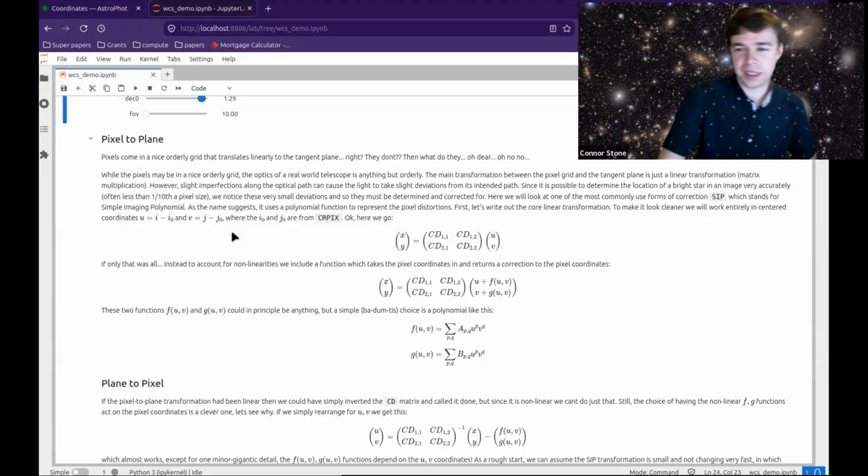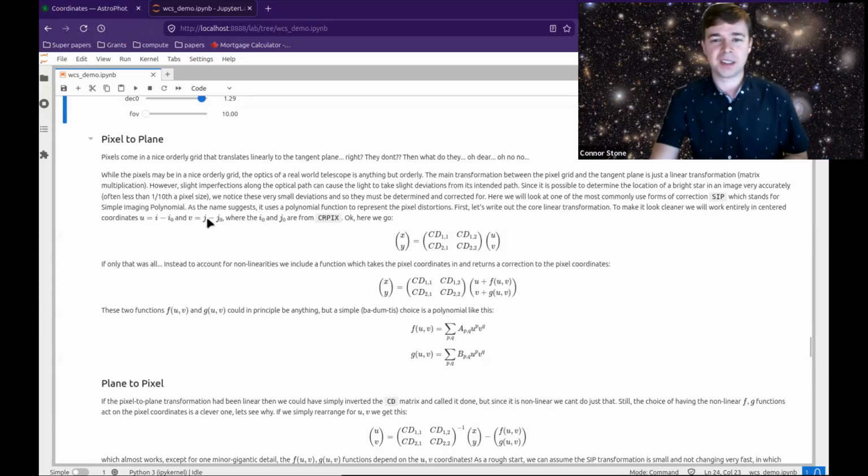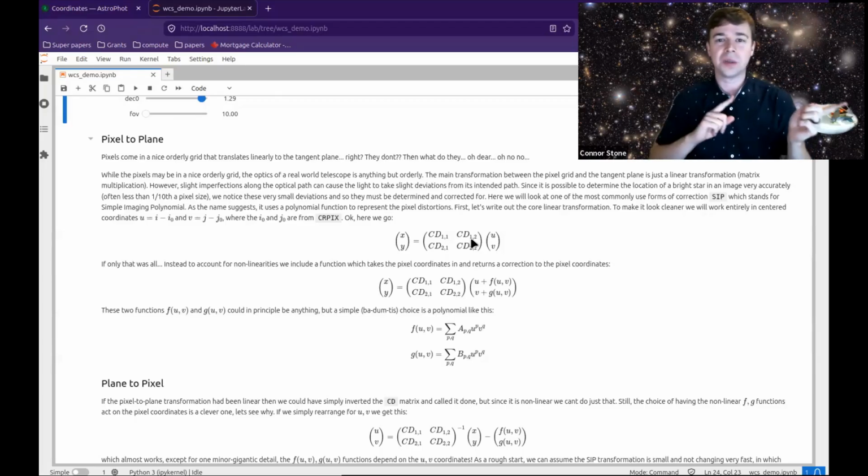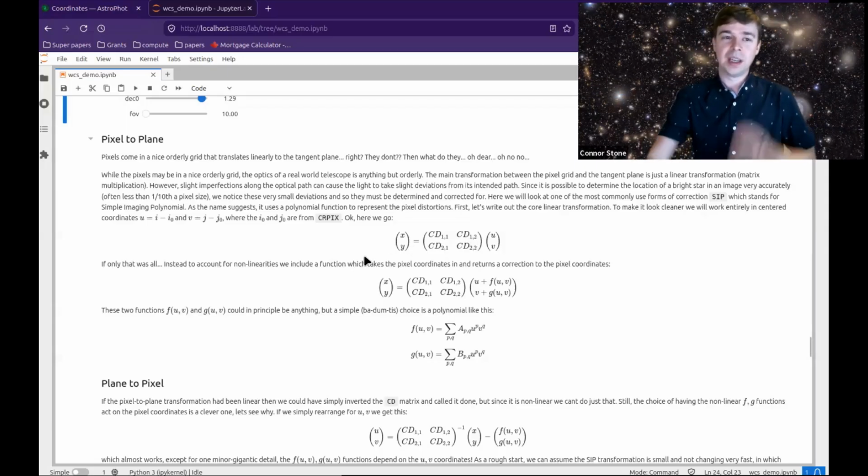You might as well just subtract that out because it's not very informative. So now we've got XY, our tangent plane coordinates, UV, our pixel coordinates, and a matrix that connects them. And if that's the only transformation in your images, then great. You can just invert the CD matrix to go the other way, and it's really easy to map back and forth between them.